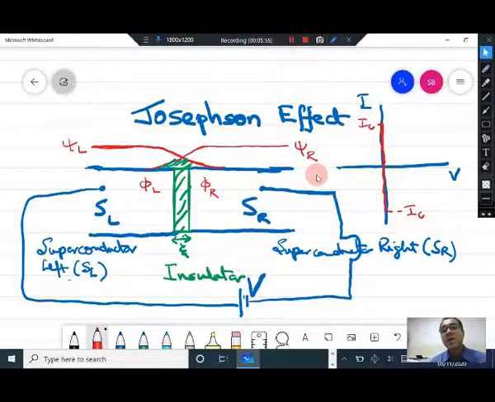However, beyond the critical current, there is a voltage which develops because you start breaking pairs, and there is a voltage which develops across the junction.